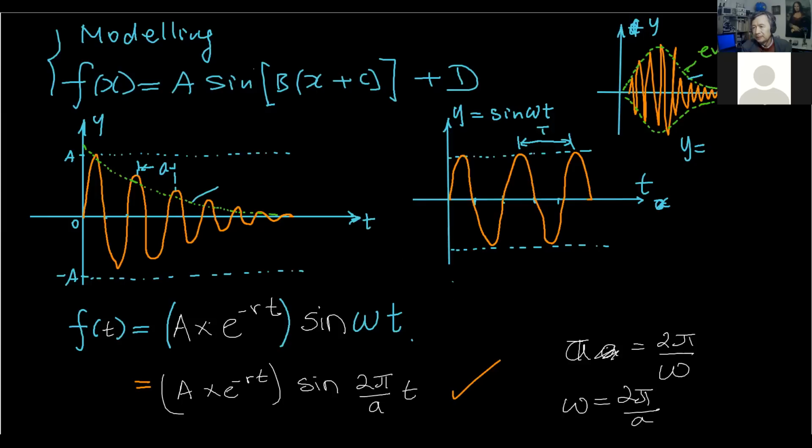So it's just f(t) times sine omega t, where f(t) is the envelope. So y equals f(t) times sine omega t. Why times and not plus? That's another thing.